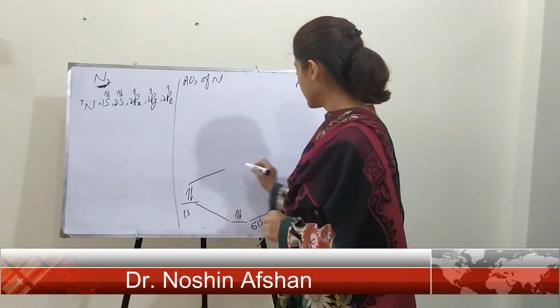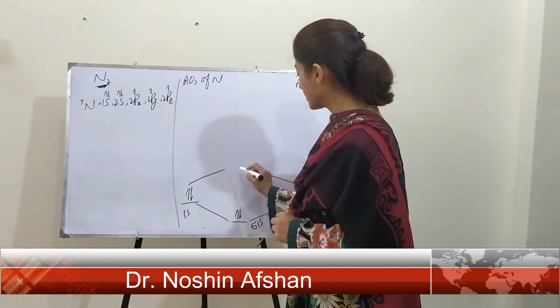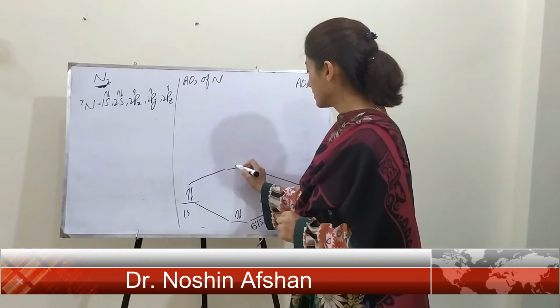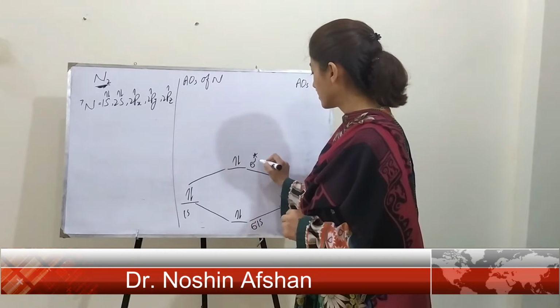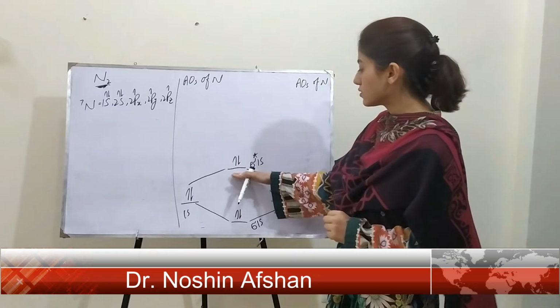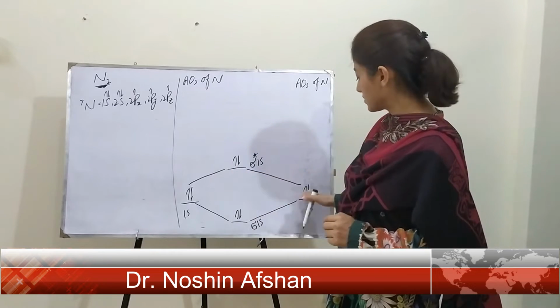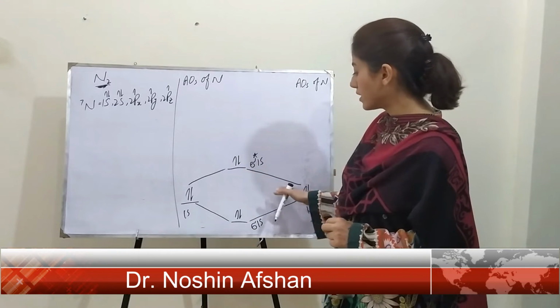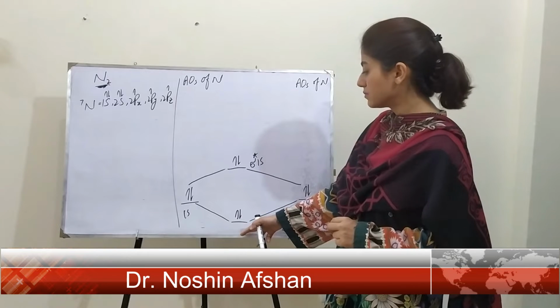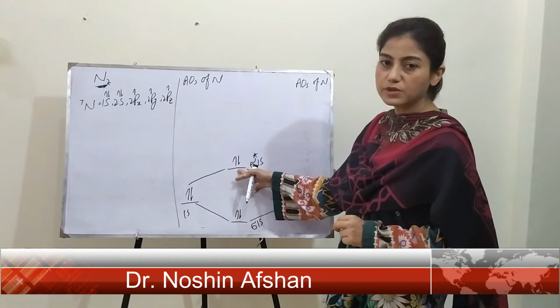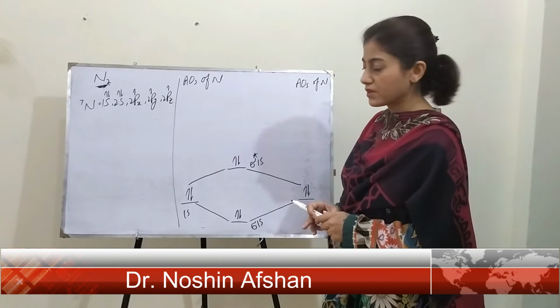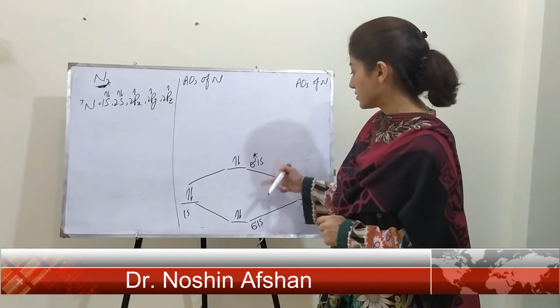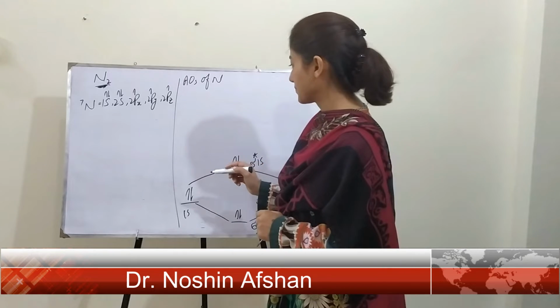And similarly, the antibonding molecular orbital is shown here with sigma star 1s, and it is also filled with 2 electrons, because here total number of electrons are 4, 2 in bonding molecular orbital and 2 in antibonding molecular orbital. So these 4 electrons have been fulfilled in 2 molecular orbitals.